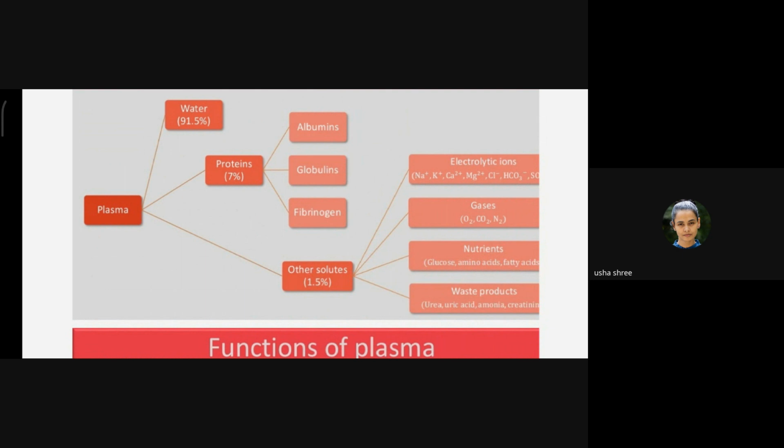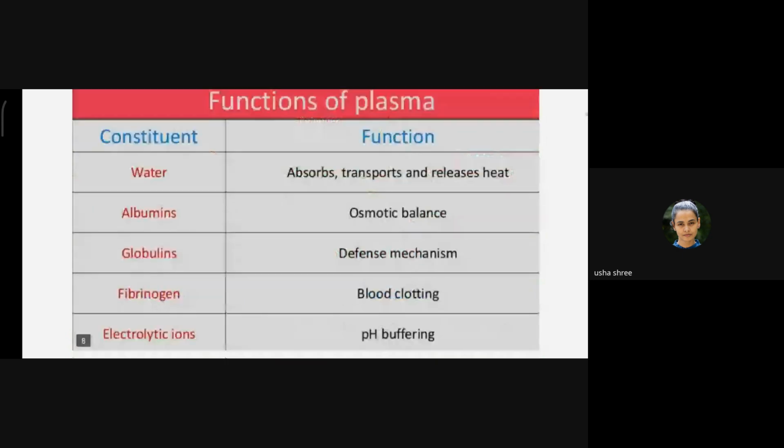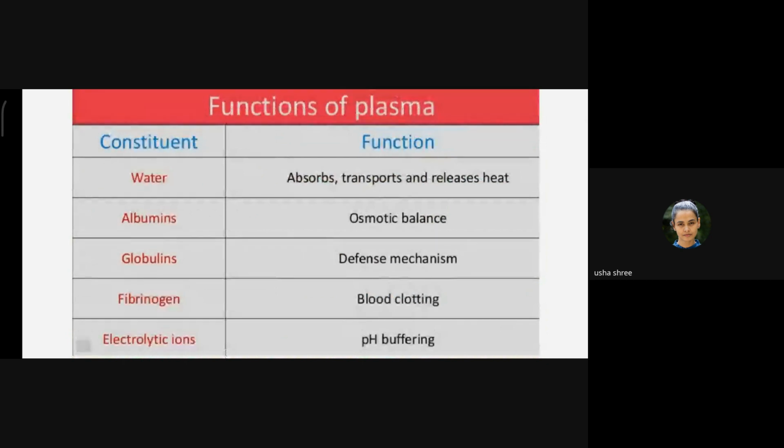These are the salts of the body, or minerals mainly. So minerals only. Minerals, gases, other nutrients, which are our simplest form of macronutrients, and waste products.